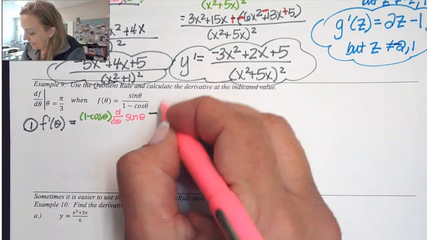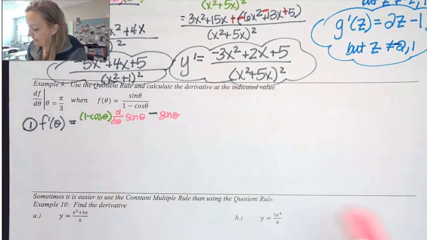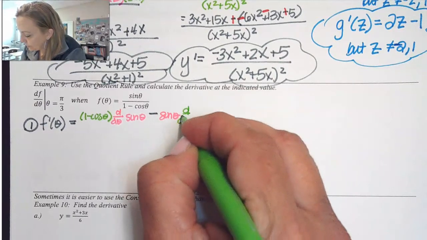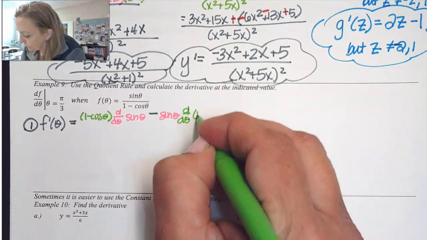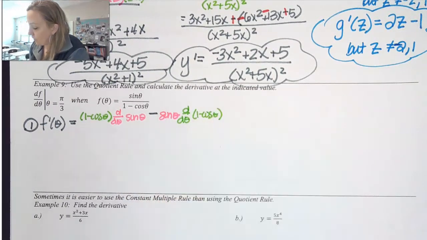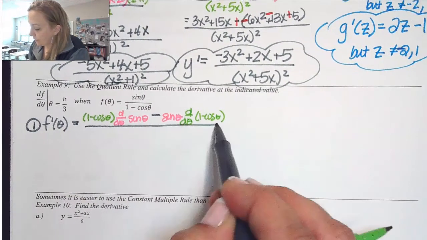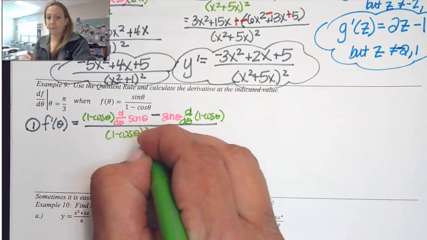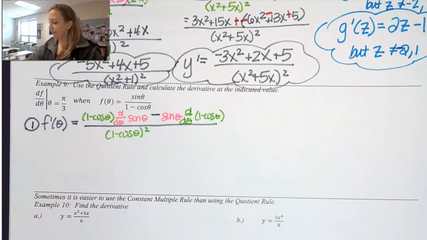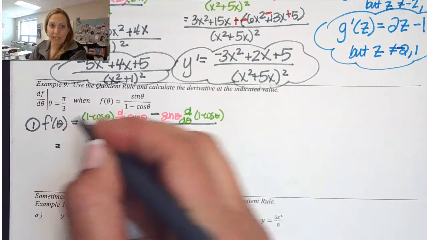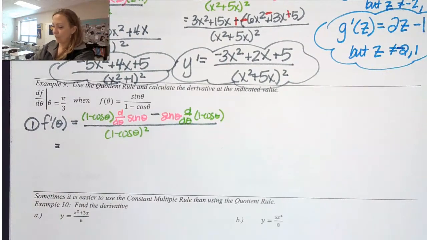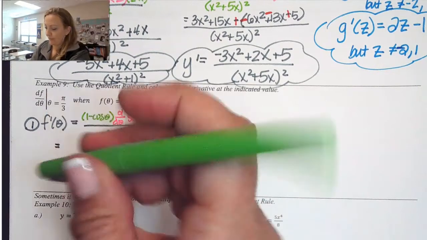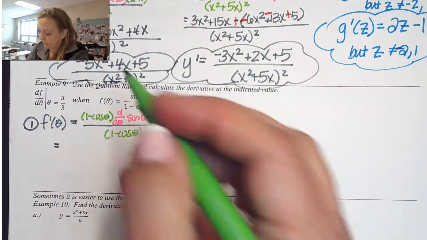Minus high times d low, all over low squared. Okay. Now some of you guys might be over that step. If you're making mistakes, write that step out. If not, and you can jump right to the pieces with the derivatives, that's fine, but just be cautious, okay?